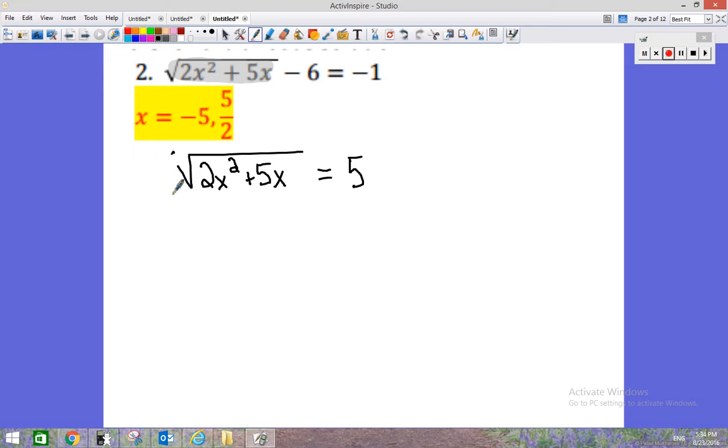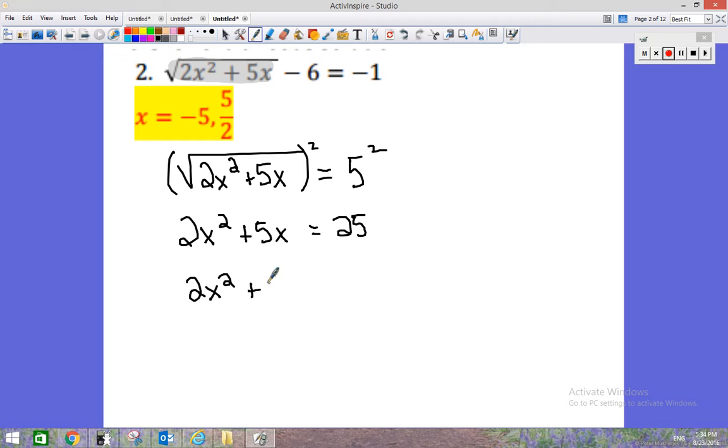If we square the left-hand side, we need to square the right-hand side, but in doing so, you introduce the possibility of extraneous solutions with regards to the first equation. So we have 2x squared plus 5x minus 25 is equal to 0.